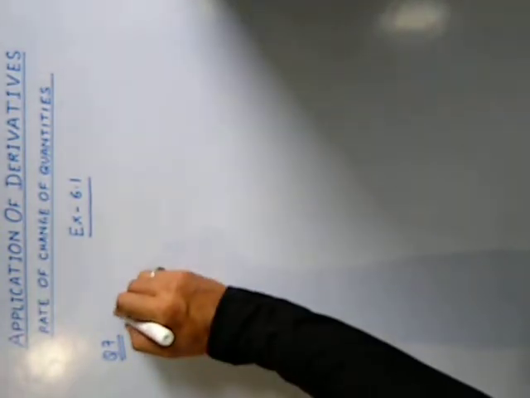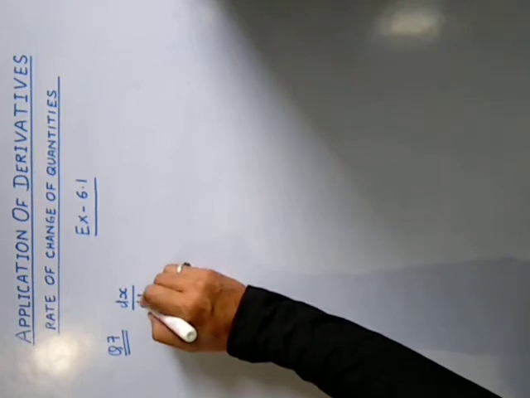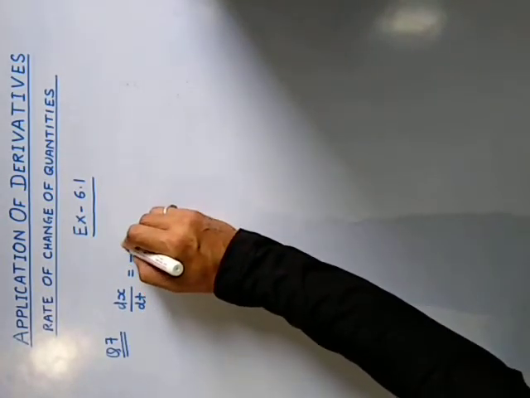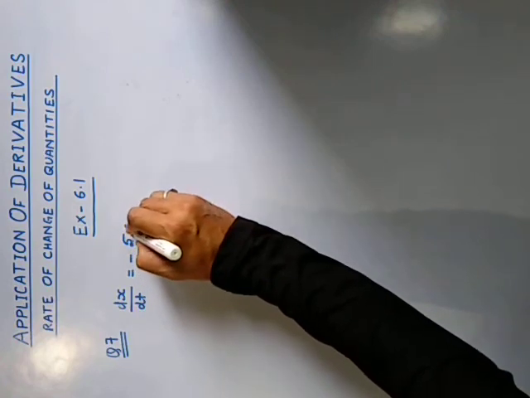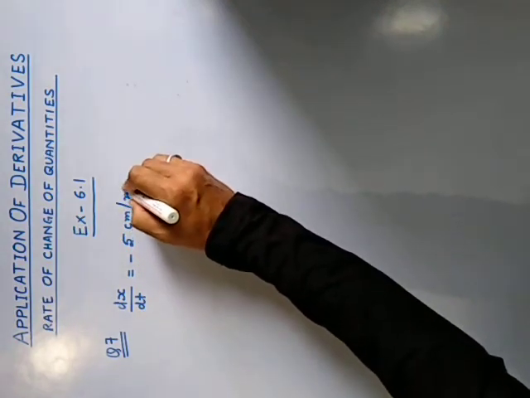Question number 7. The length x of a rectangle is decreasing at the rate of 5 centimeter per minute. Length is decreasing, so dx over dt, and since it is decreasing, we put a minus sign: minus 5 centimeter per minute.